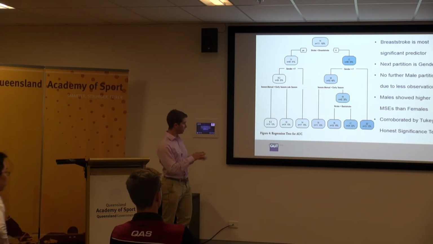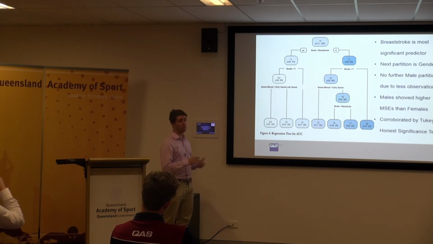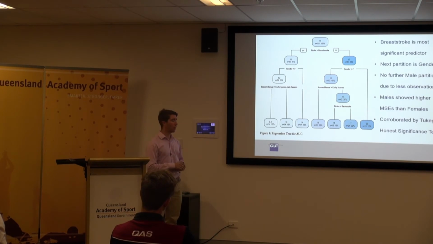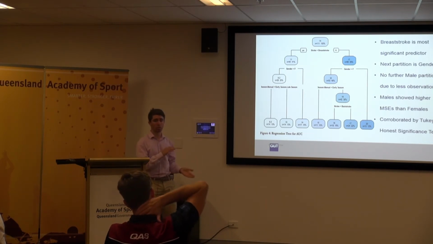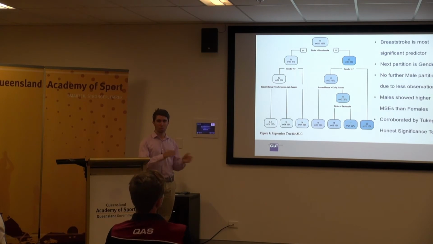Backstrokers had a slightly lower area under the curve than freestylers, which basically explains that freestylers were faster. I'd like to mention that we would have probably seen similar partitioning for males had there been a few more observations, because overall both males and females did show similar trends across the strokes. So it would be expected that those mean squared areas would be reduced there as well.